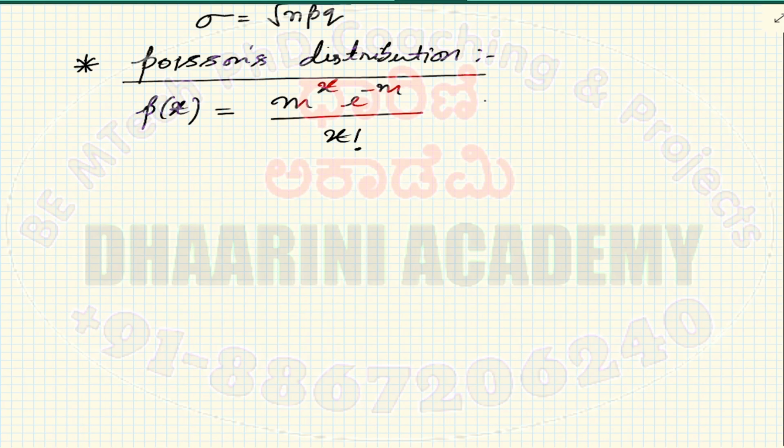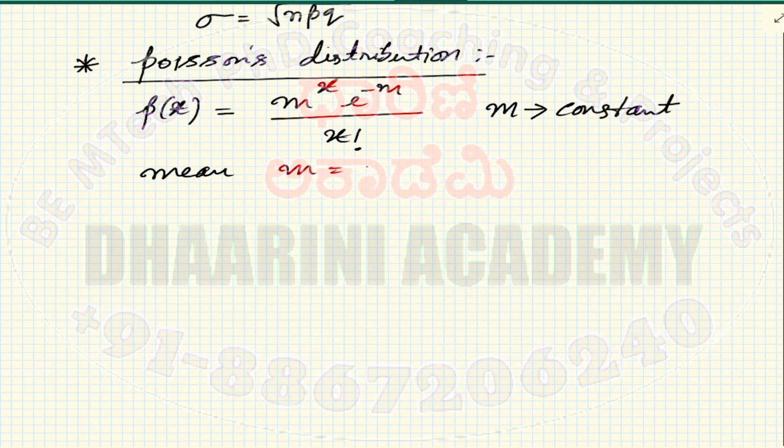M is called the constant of Poisson's distribution. Now let's write its mean and variance.